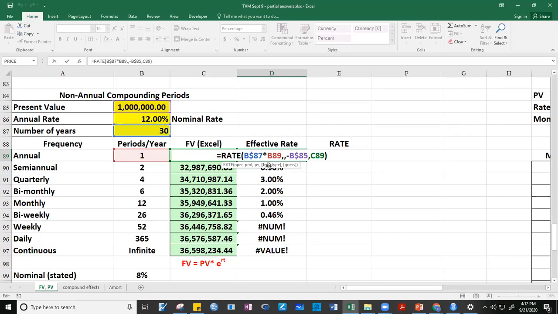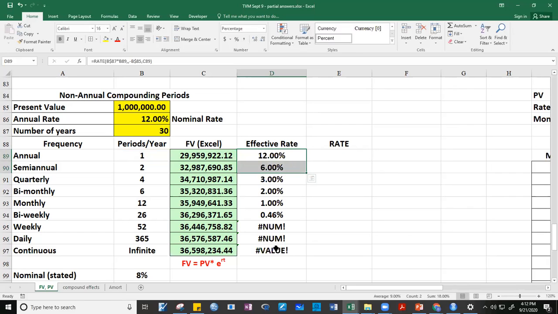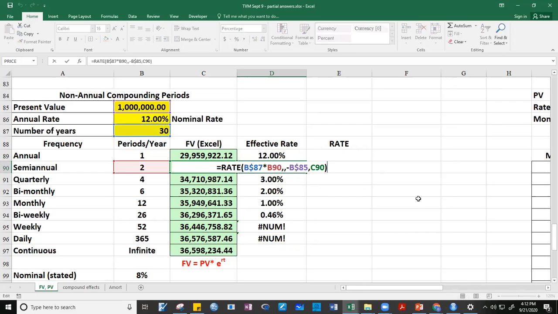Future value is C89. Okay, that's correct. We have a present value and a future value, so the infinite one is not included. Here, rate. 87 times 2, that's 60. C90. Oh, okay.